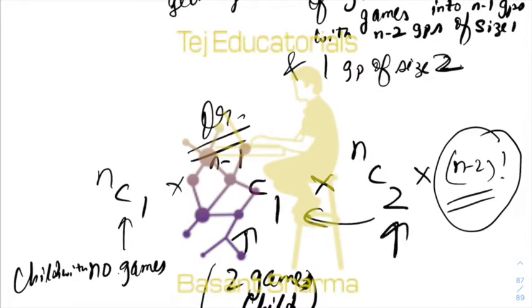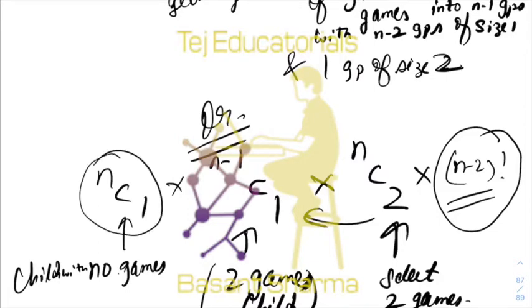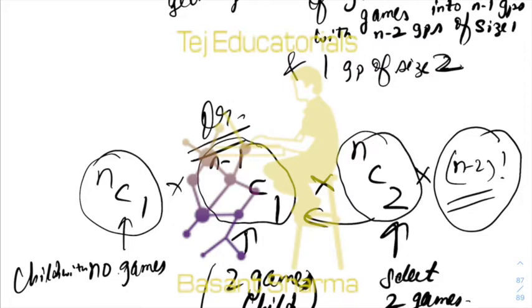This is select 2 games. So what I am saying is, first select a child who gets no game, then select the child who will get 2 games. Then select 2 games which you want to give to this child, and then the remaining n minus 2 games you have to distribute among the remaining n minus 2 children.